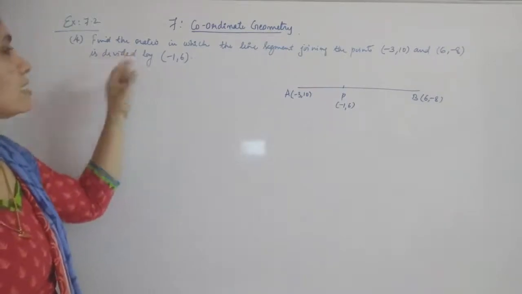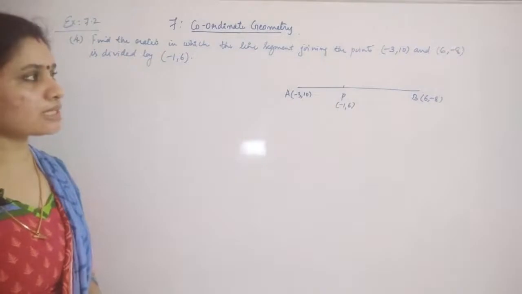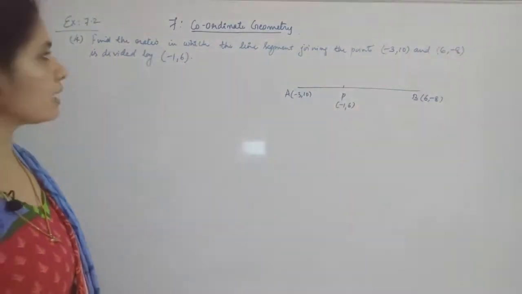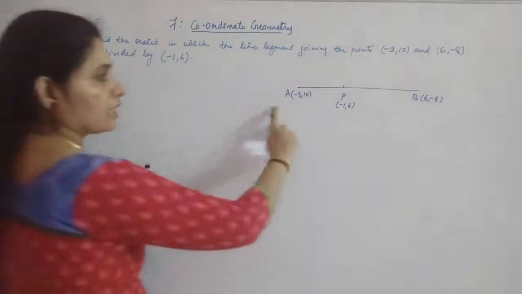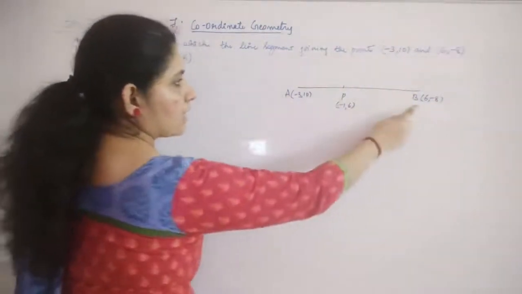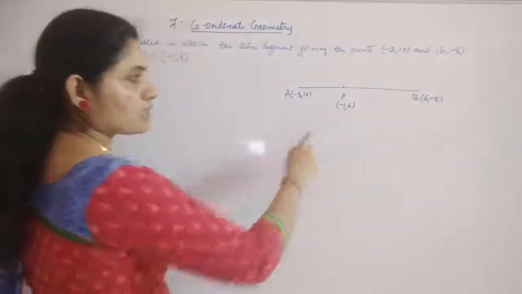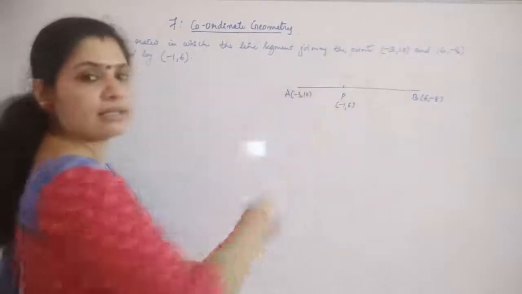Question number 4 is, find the ratio in which the line segment joining the points -3, 10 and 6, -8 is divided by -1, 6. So if we are taking like this, a line AB with the coordinates -3, 10 and 6, -8, P is -1, 6, and you have to find out the ratio in which P is dividing the line AB.